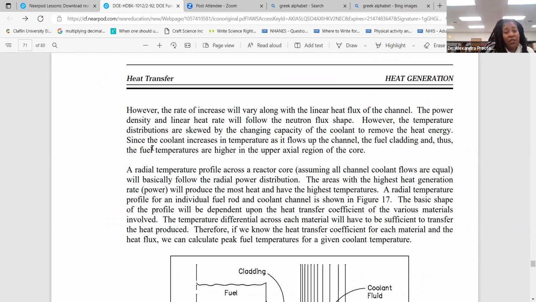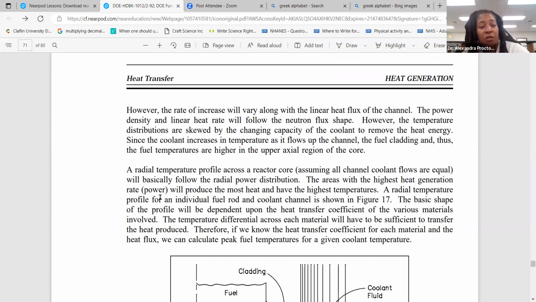However, the temperature distributions are skewed by the changing capacity of the coolant to remove the heat energy. And since the coolant increases in temperature as it flows up the channel, the fuel cladding and thus the fuel temperatures are higher in the upper axial region of the core.